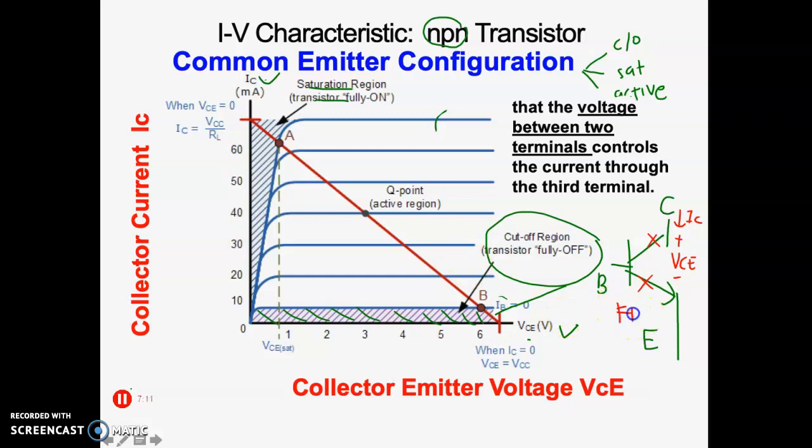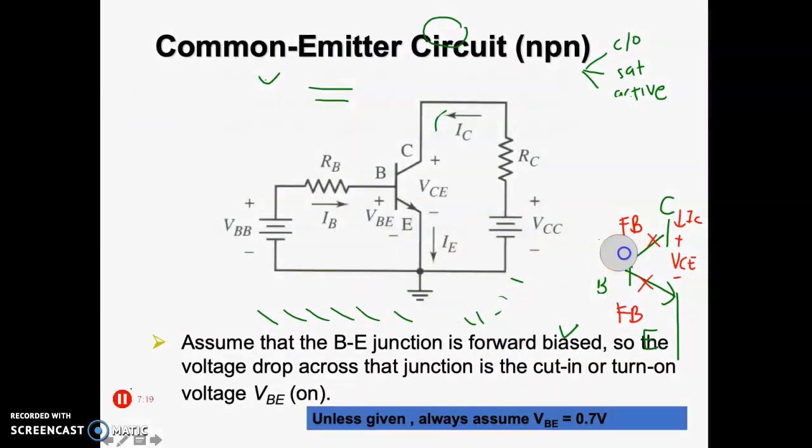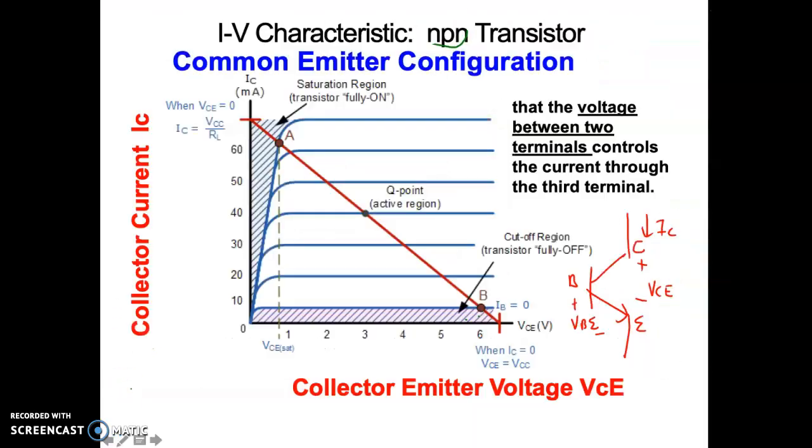So your BE junction is forward biased and your BC junction is forward biased. During the saturation region, you will have a maximum IC but a minimum VCE. So the region of saturation is over here.